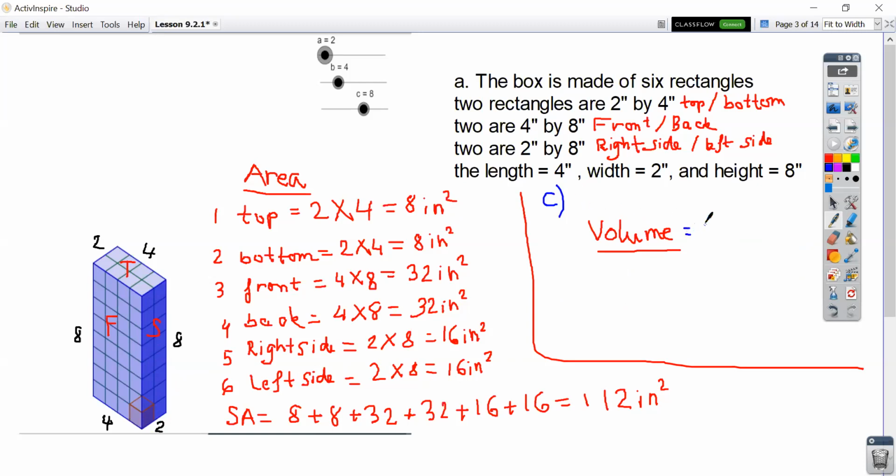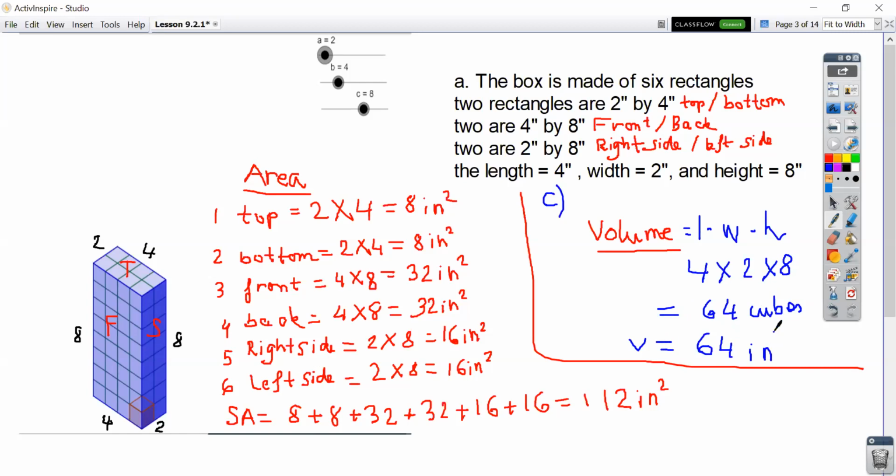You take length times width times height. The length is 4, the width is 2, the height is 8. Multiply them all together, so there are 64 cubes. The volume is 64 cubic inches, or 64 inches cubic units. That is your answer for C.